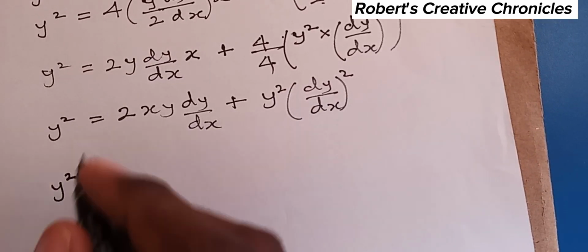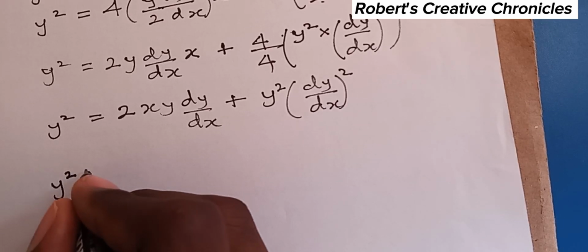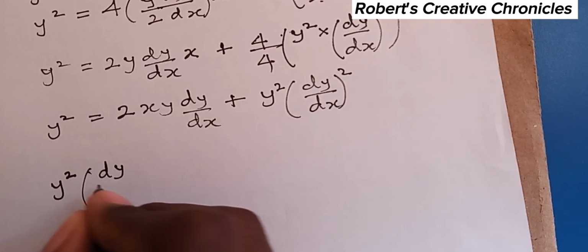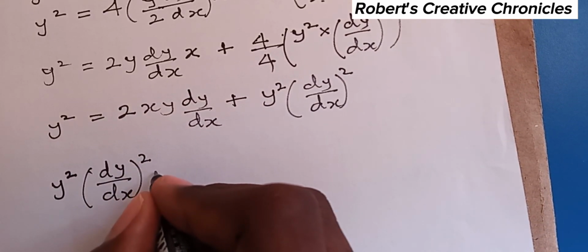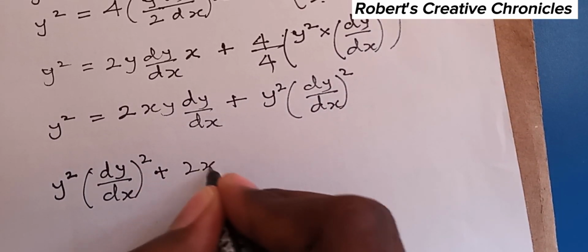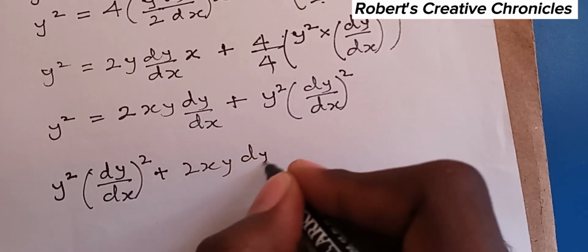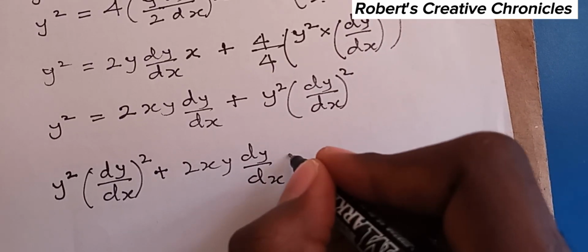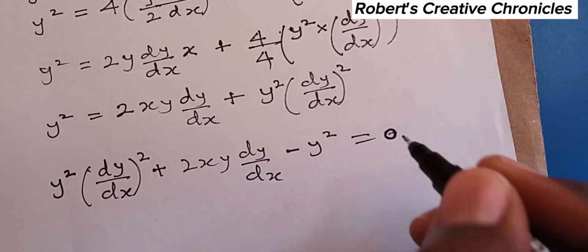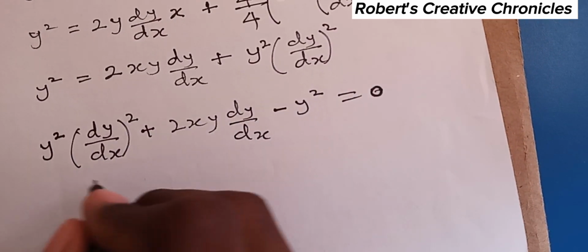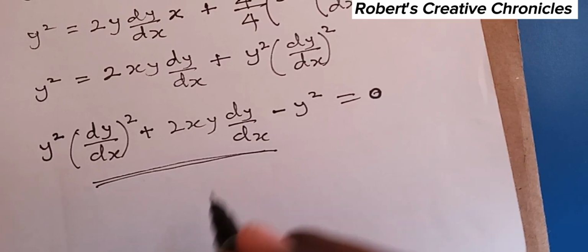So y squared (dy over dx) squared plus 2xy dy over dx minus y squared equals 0. So here is our final answer for the B part.